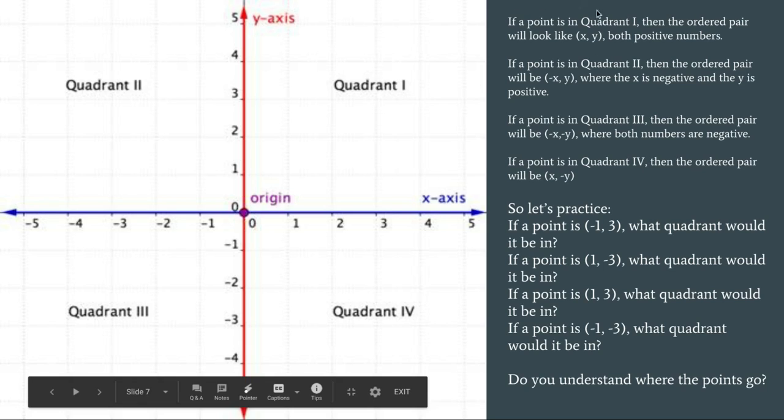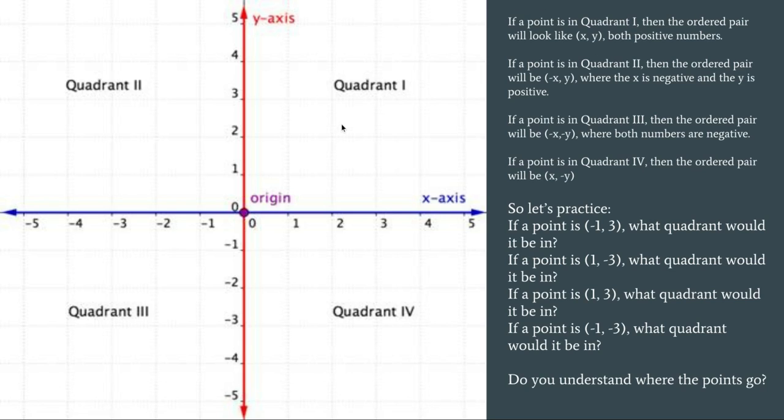Alright, so if a point is in quadrant 1, then the ordered pair will look like positive x, comma, positive y. Notice they are both positive numbers. If a point is in quadrant 2, then the ordered pair will be negative x, comma, positive y, where the x is negative and the y is positive.